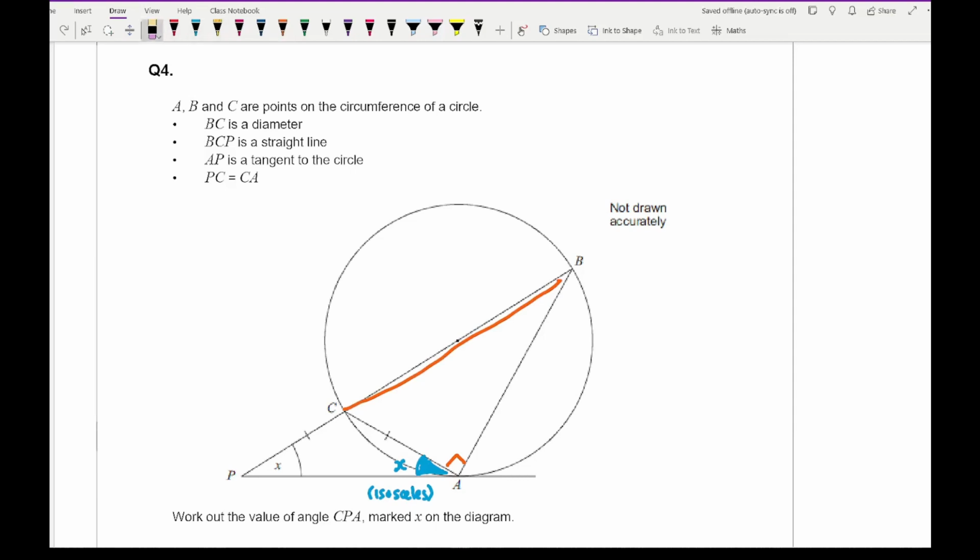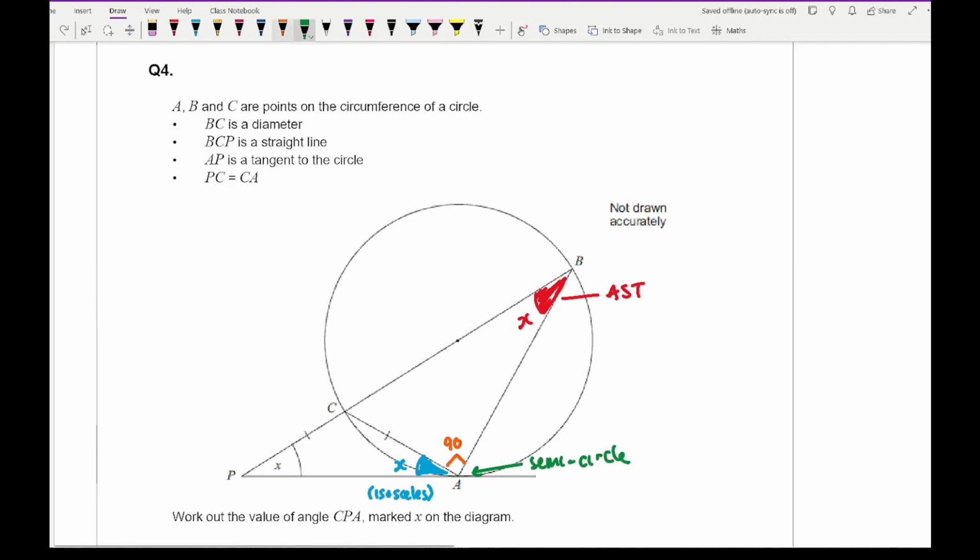And I also know that this angle here is also going to be x because of the alternate segment theorem. And let me just write here semicircle.